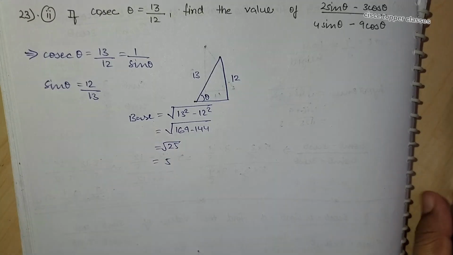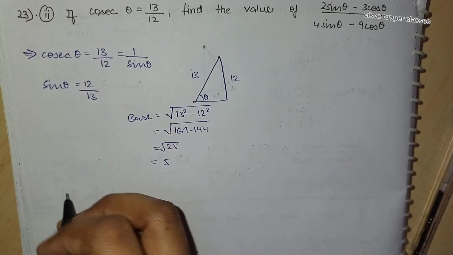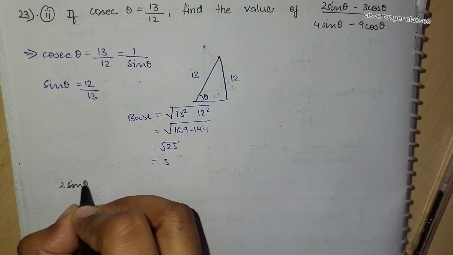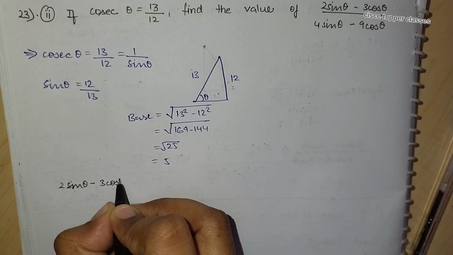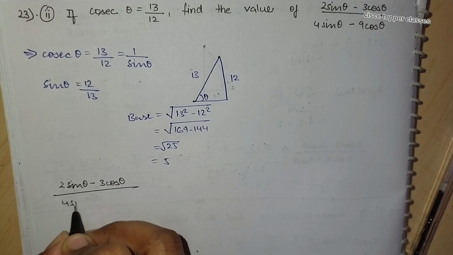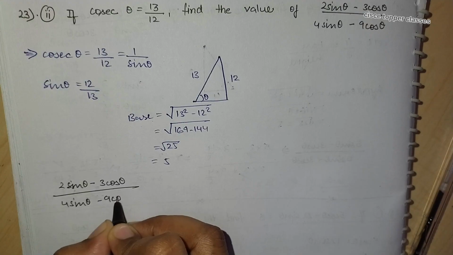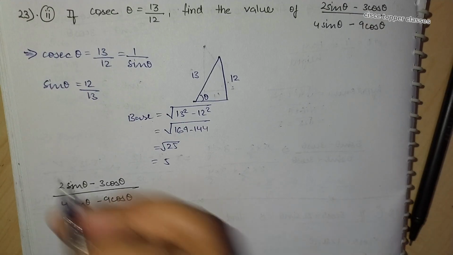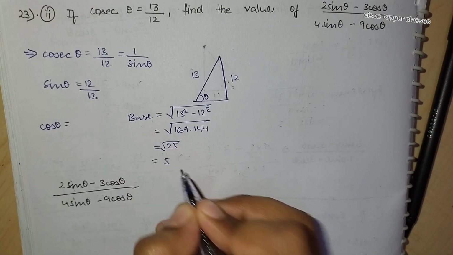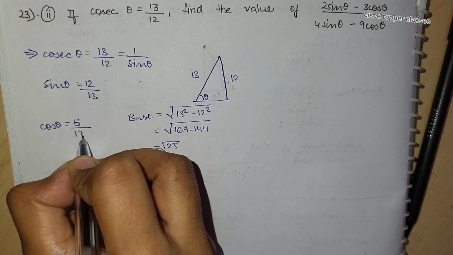Now we will put the values in the calculation part, which we have to find in this question. This is 2 sin theta minus 3 cos theta divided by 4 sin theta minus 9 cos theta. Cos theta we can find as base by hypotenuse, so this will be 5 by 13 here.